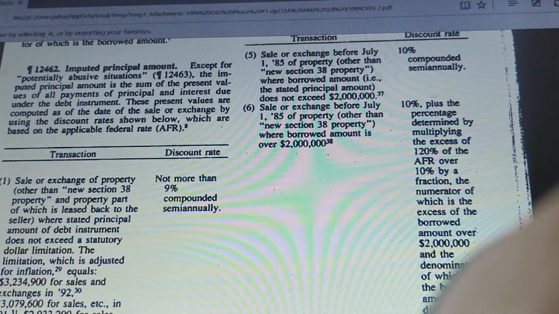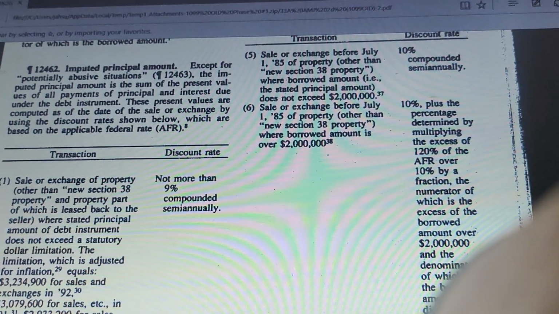1246(2), imputed principal amount, except for potentially abusive situations. In parentheses, 1246(3), the imputed principal amount is the sum of the present values of all payments of principal and interest due under the debt instrument.